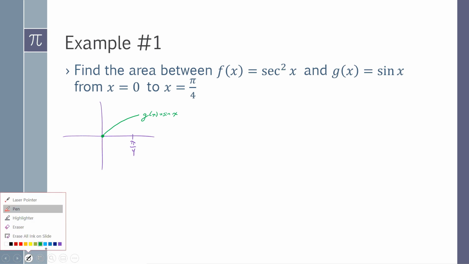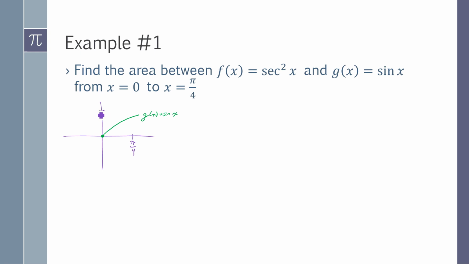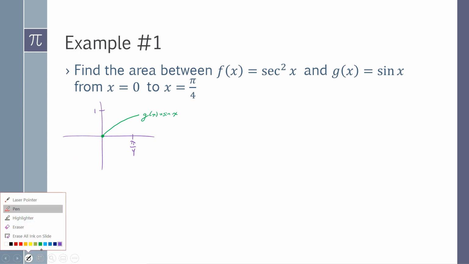For the secant squared, well, that's 1 over cosine squared. When x is 0, cosine is 1, so 1 over cosine is 1, and 1 over cosine squared is still 1. So here at 1, I've got the secant squared.